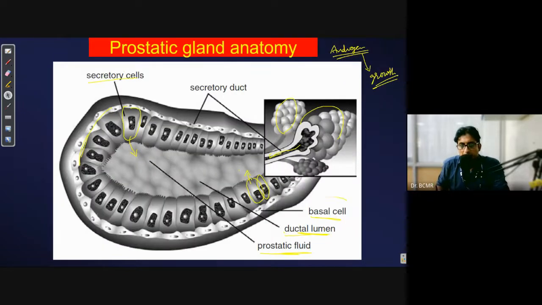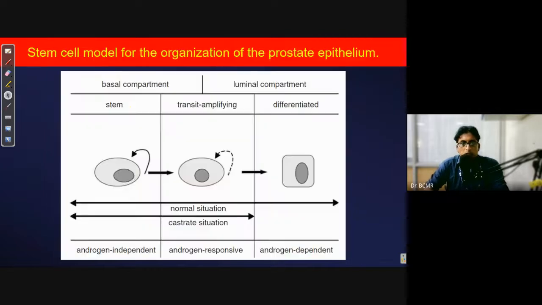There is the basal cell, and there are these secretory cells here, right? This is a schematic trying to show the basal compartment here, and this is the luminal compartment, where the luminal cells, the gland cells that secrete the prostatic fluid, are present.